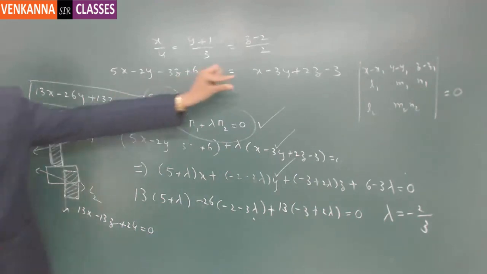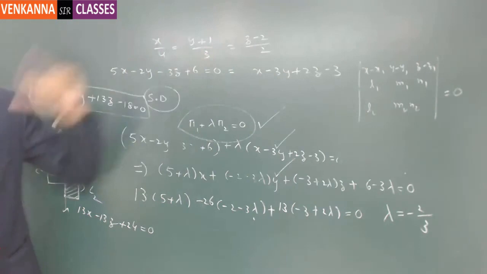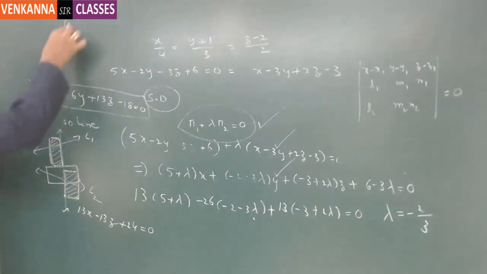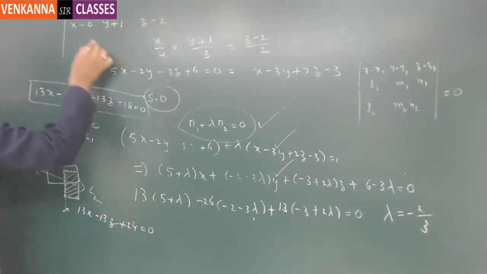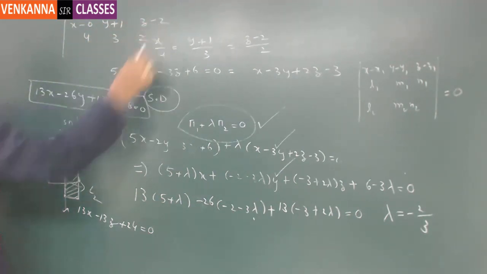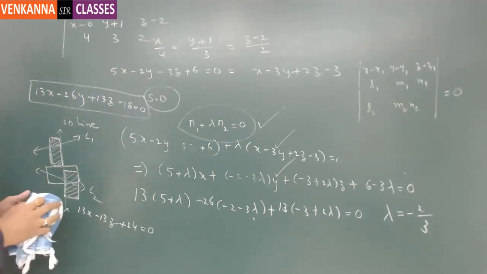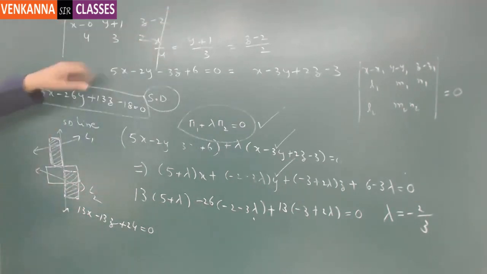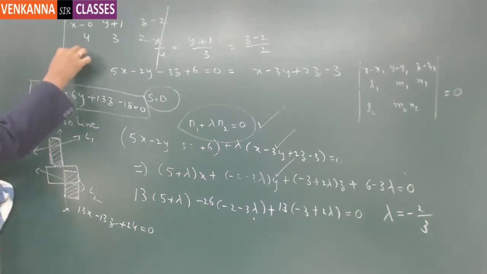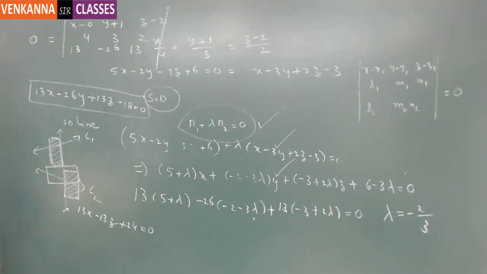Here these two parts are nothing but taken from the first line. So x minus 0, y plus 1, z minus 2, 4, 3, 2. I have substituted line 1 values as it is. And since the plane is perpendicular to this one, I will take the other things as 13, minus 26, 13 equal to 0.